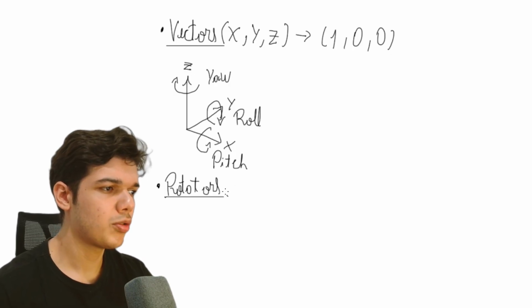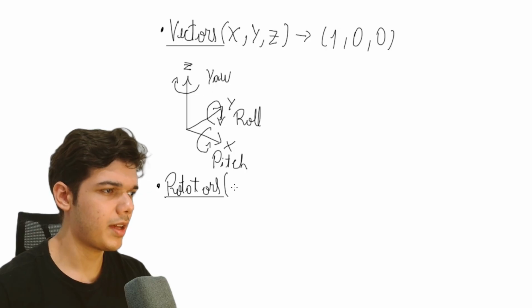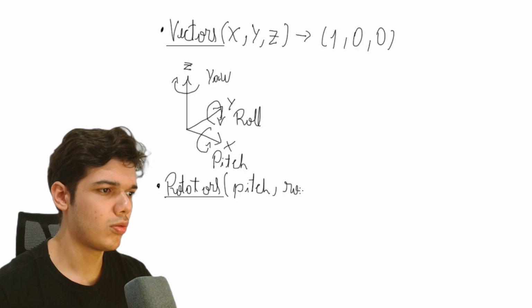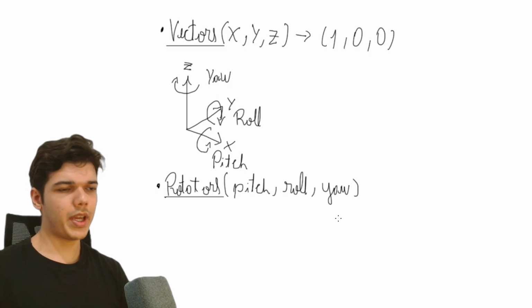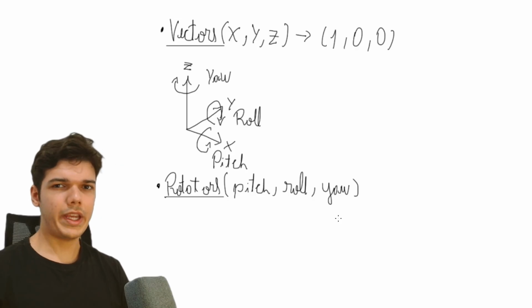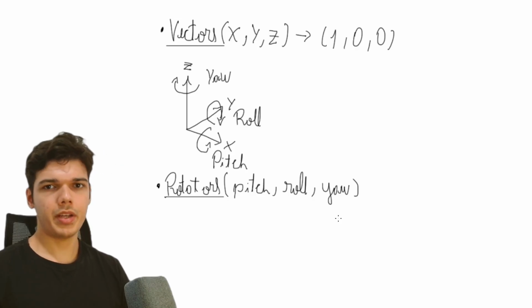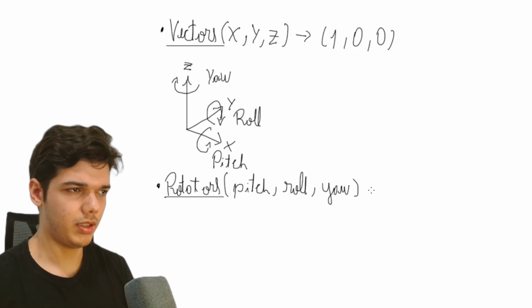Rotators also store three floats that, like I said, are pitch, roll, yaw. The difference is that they have their own methods to deal with angles in degrees or in radians. That's the difference to the vectors, but they are the same idea.